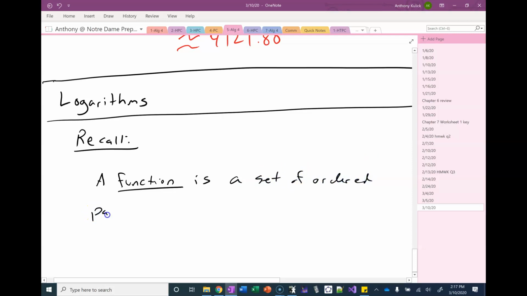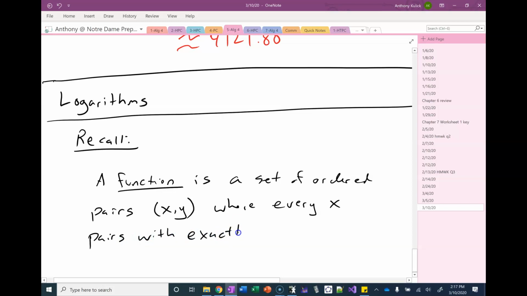That's going to be our list where every x pairs with exactly one y, which is basically none of the x's are being used more than once, right? So we need some kind of a pairing going on for our function.